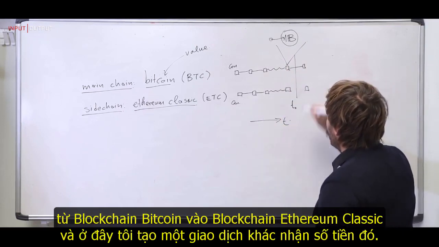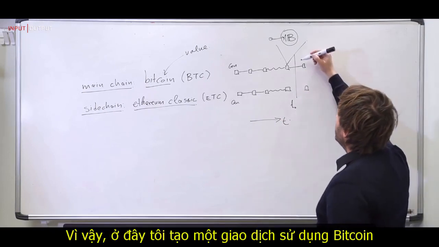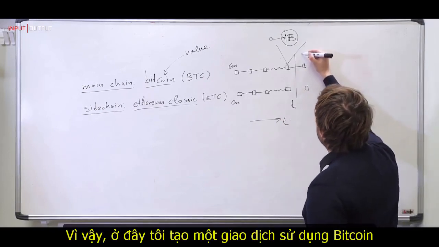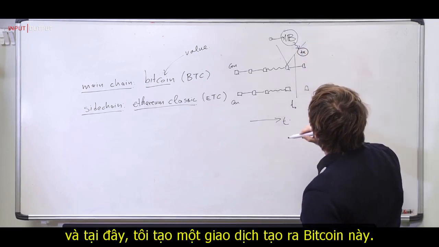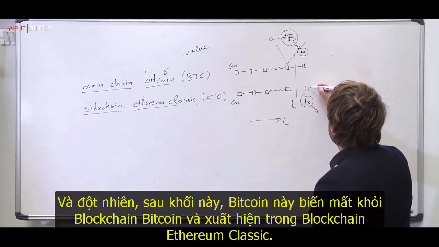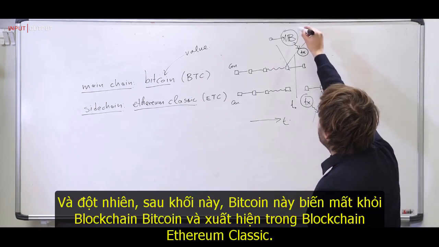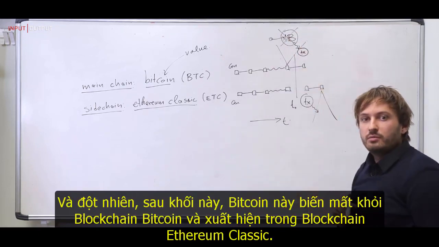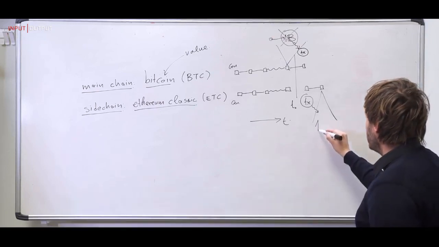And here I create another transaction that receives that amount. So here I create a transaction that consumes this Bitcoin, and here I create a transaction that emits this Bitcoin. And now suddenly, after this block, this Bitcoin disappears from the Bitcoin blockchain and appears in the Ethereum Classic blockchain.